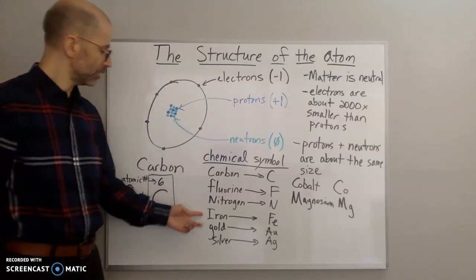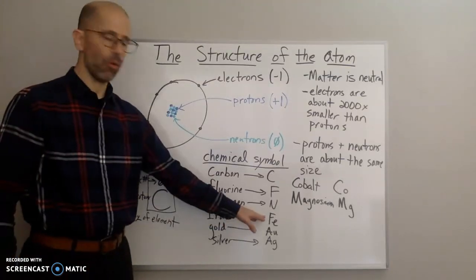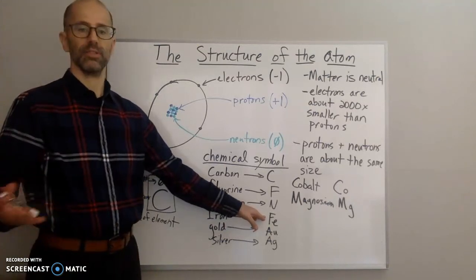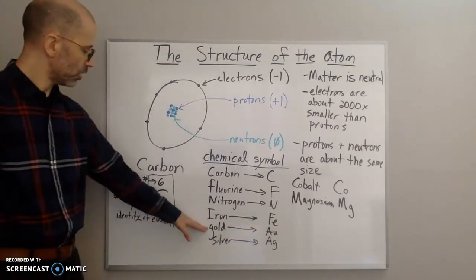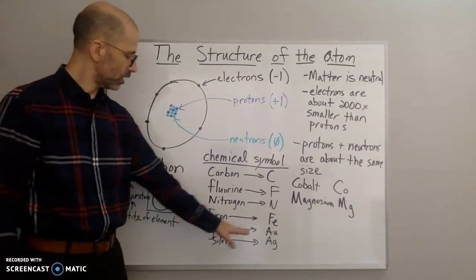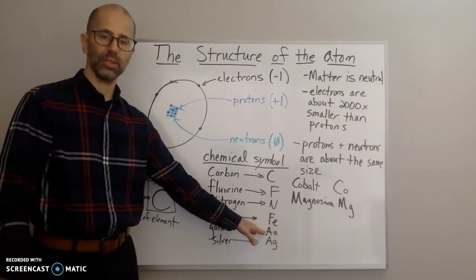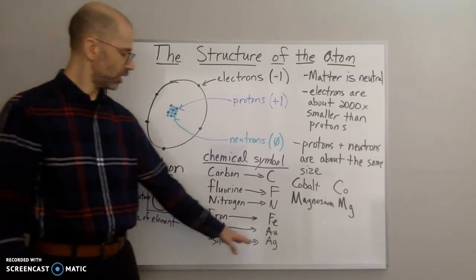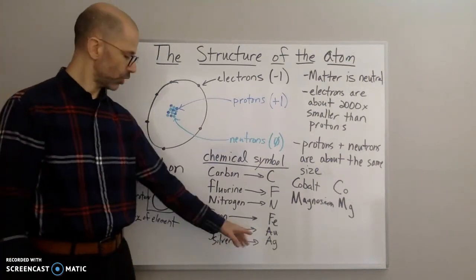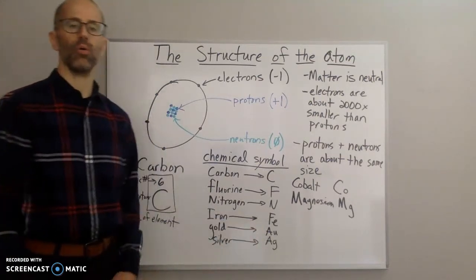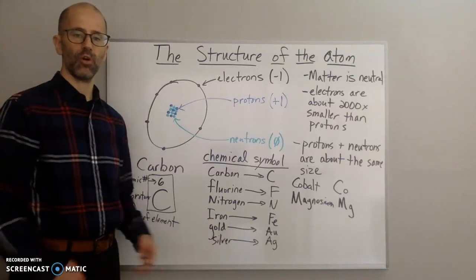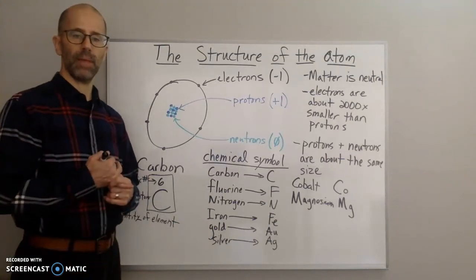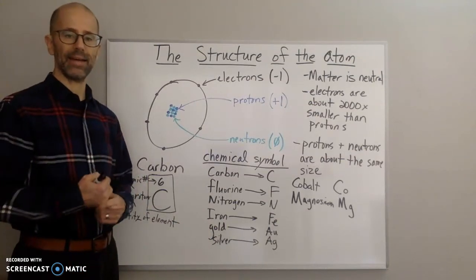So iron comes from the Latin ferrum, which is the Latin for iron. Gold comes from the Latin aurum, and silver comes from argentum. So that would explain why those symbols go with these names, right? So a lot of them are based on Greek and Latin.